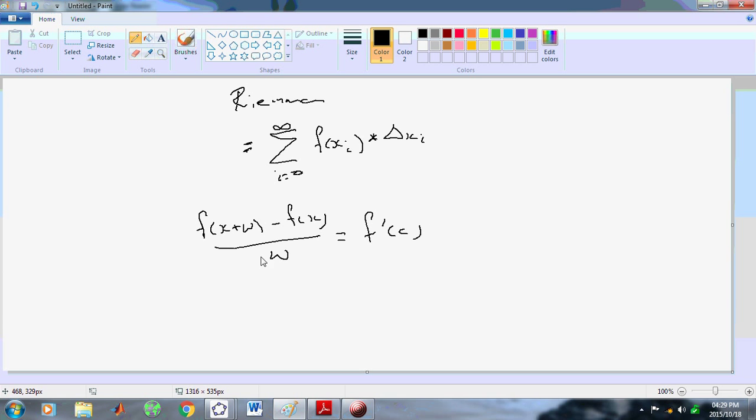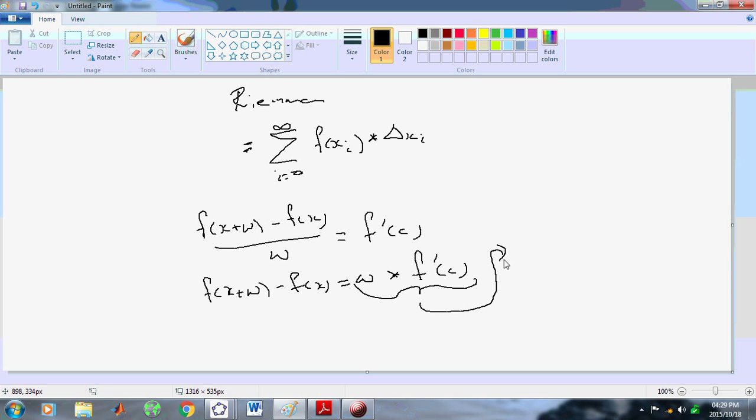And if we rewrite that as follows, this side here is equal to the integral from x to x plus w of f dash of x with respect to dx. And these two values here are arithmetic means, and I'm going to show you now in a very simple applet how those two values are arithmetic means.